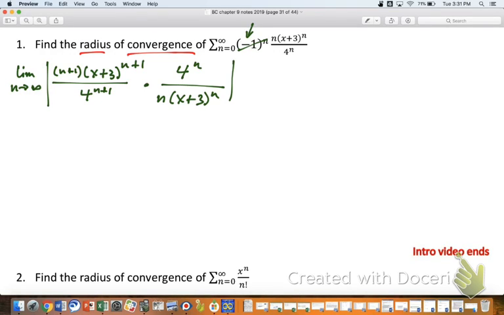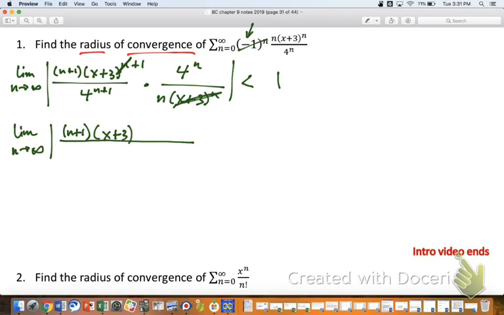In order to find convergence here, we need this to be less than 1. So that I can do my limit, I need to do a little bit of simplifying. It's the limit as n approaches infinity of, well, the n plus 1 is not going anywhere. The (x+3)^(n+1) would actually cancel with the (x+3)^n, so I'd be left with just x plus 3.